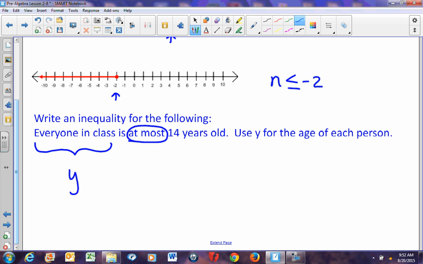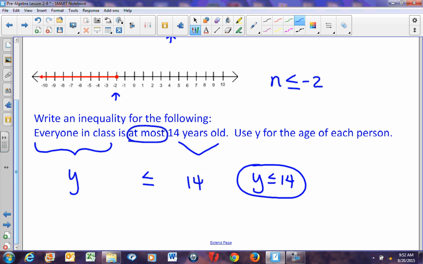You remember at most, but that phrase at most meant, let's think about this. If I say I had at most $5, that's the very top number I could have, so it's less than or equal to. So at most means less than or equal to, and 14 years old means 14 years old. So there's our inequality. Y is less than or equal to 14.